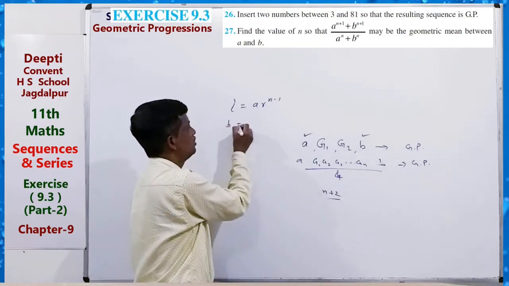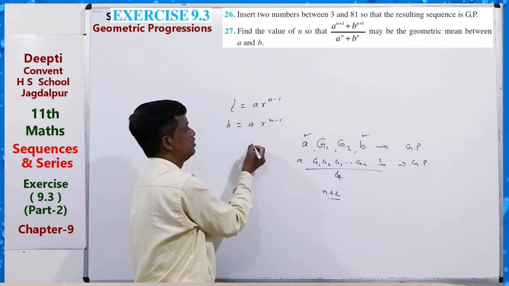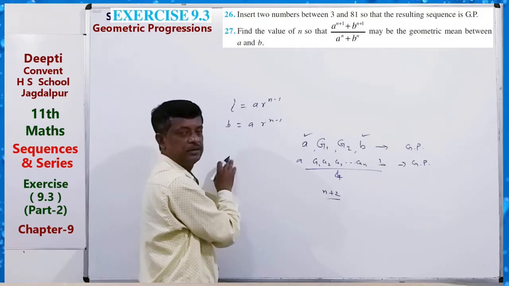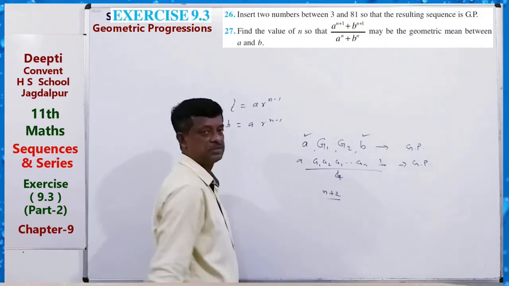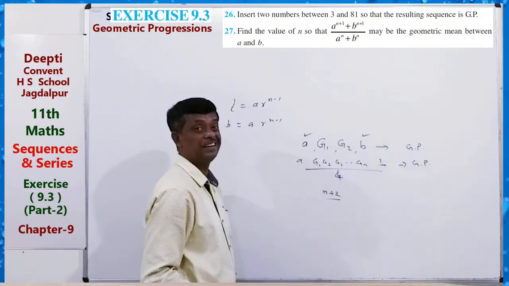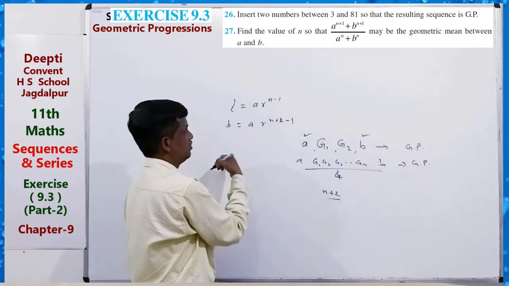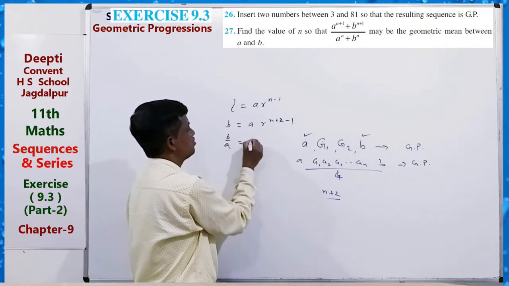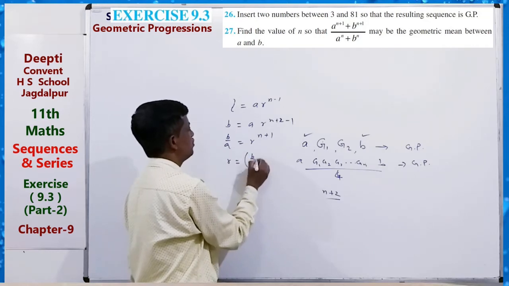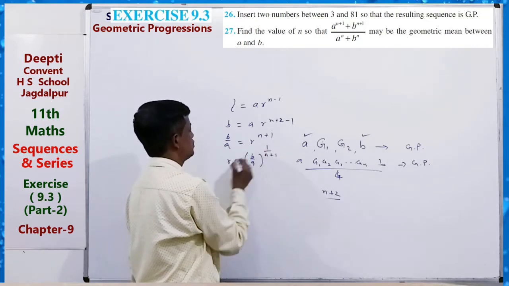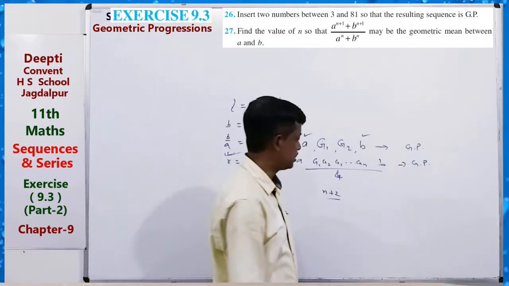Last term is b, first term is a. So if there are n plus 2 terms, suppose n numbers are inserted, then we have n plus 2 minus 1. So here b by a equals r to the power n plus 1. So r equals b by a to the power 1 by n plus 1. So common ratio can be found. And first term is a. Then the geometric progression can be found.